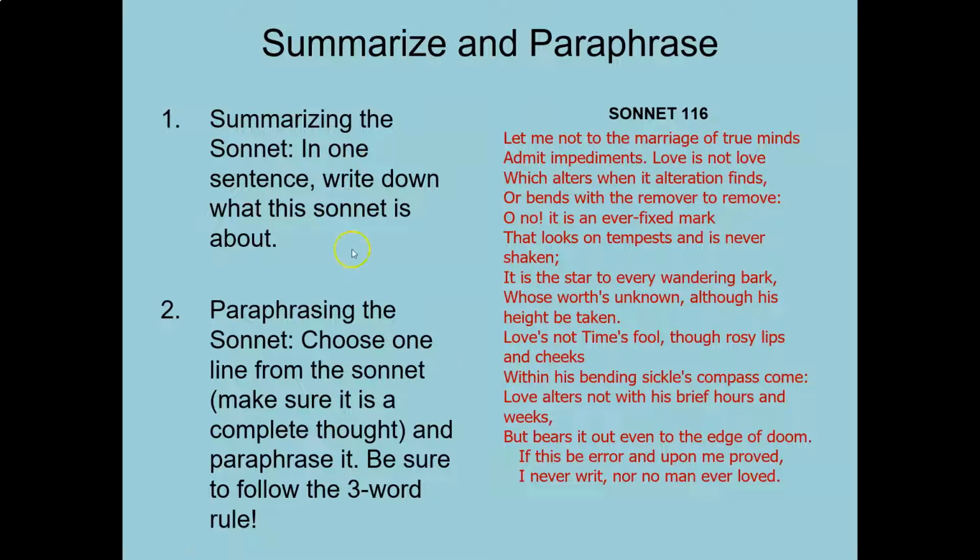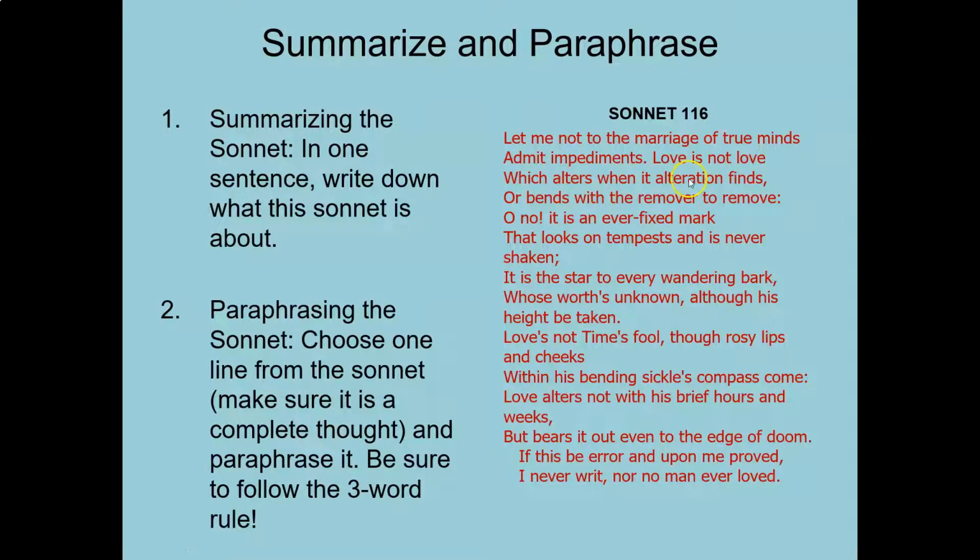So the first thing that Shakespeare writes is, "Let me not to the marriage of true minds admit impediments." So what are impediments? First of all, we have to understand that impediments are imperfections, flaws. So let me not, like if you think you have found true love, let me not rain on your parade. That's what he's basically saying.